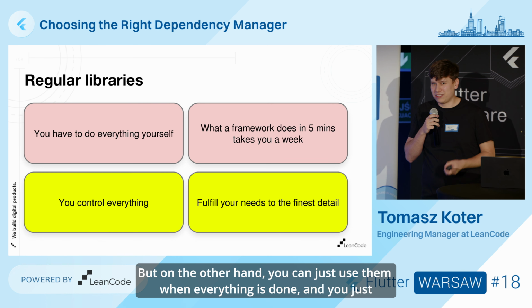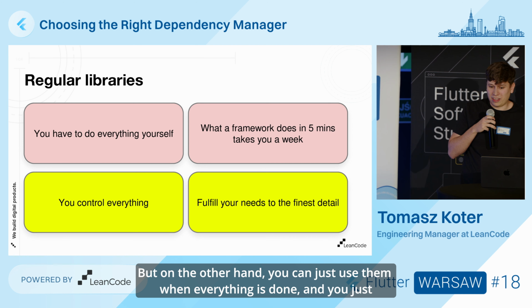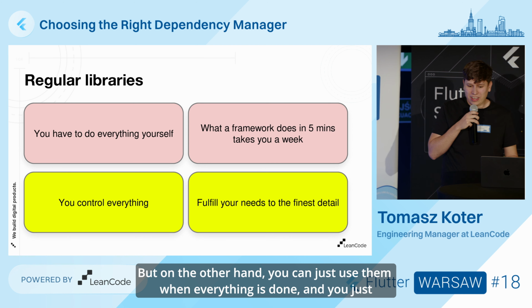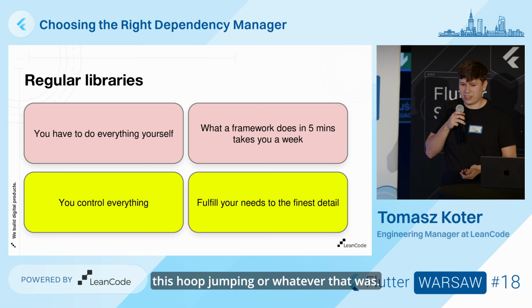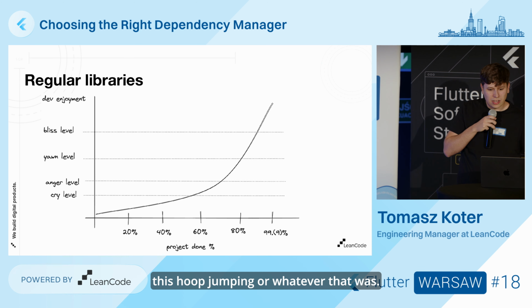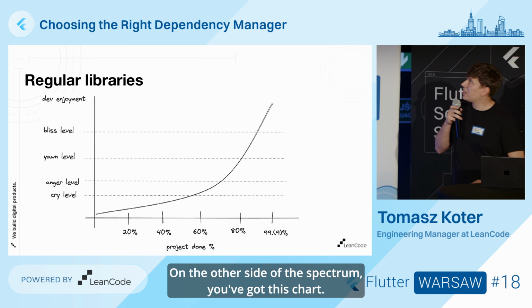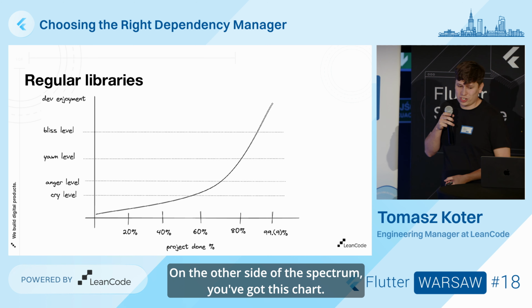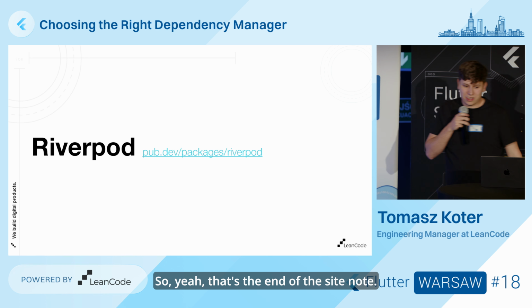But on the other hand, you can use them when everything's done and you just need these specific critical requirements done. You don't have to do this hoop jumping. So on the other side of the spectrum, we've got this kind of chart. So yeah, that's the end of the side note.